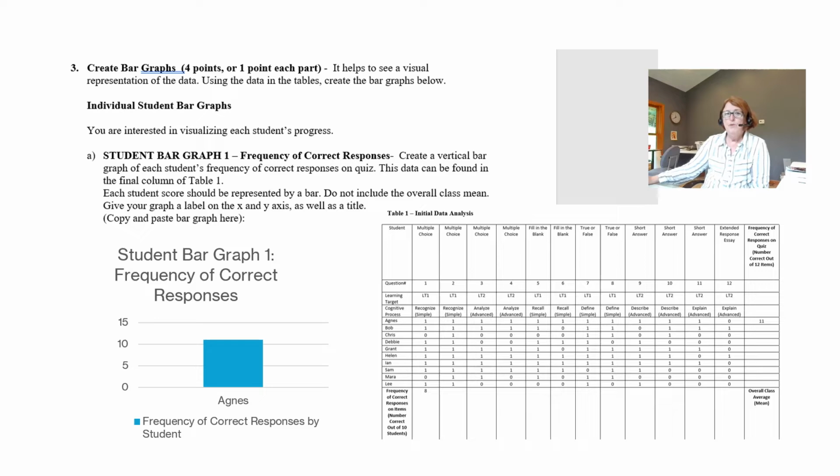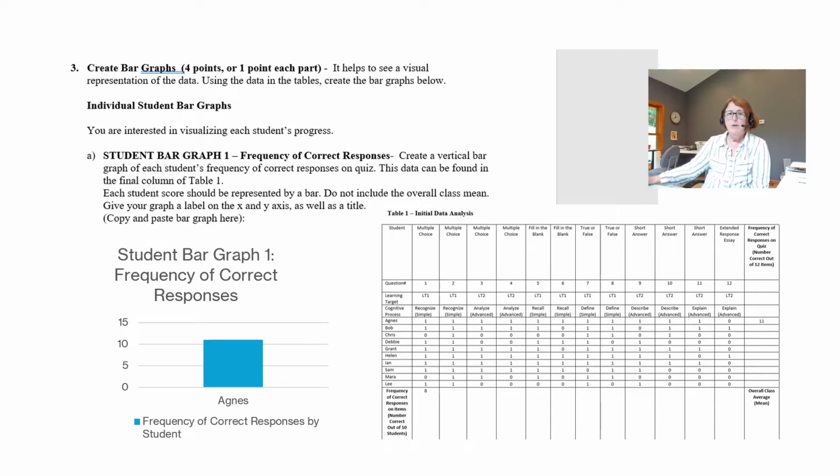So the first one that we're going to talk about is student bar graph 1. And you can see it's the frequency of correct responses that each student got on the quiz. That is, how many did each one get right out of the 12 questions. Now, Agnes was the student, you'll recall, whose data was given to you and sort of calculated out.